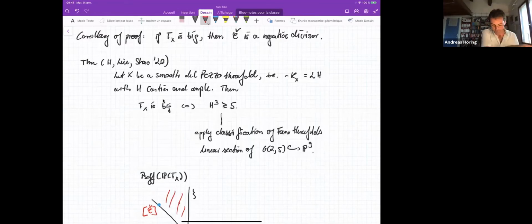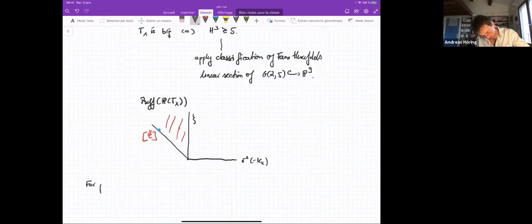So for the proof of the theorem, we look at the family of lines on X. Okay, so these are not necessarily actual lines.